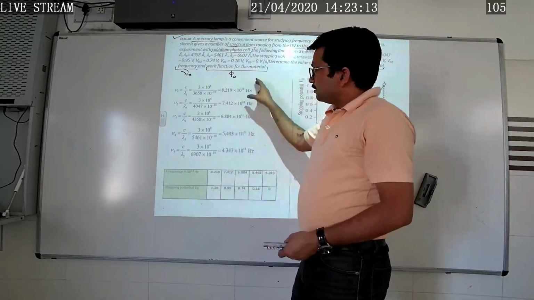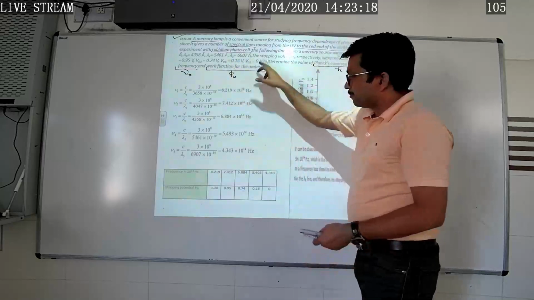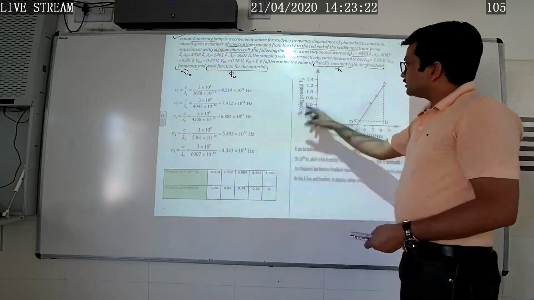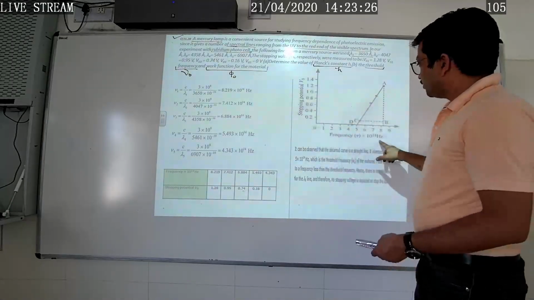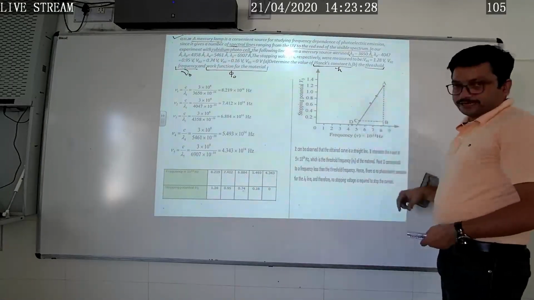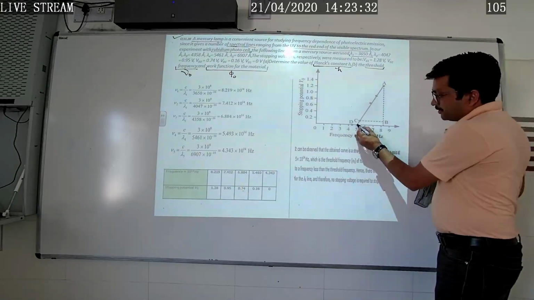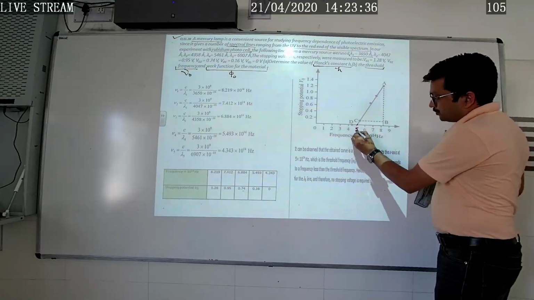Then, putting the frequencies and the stopping potentials in tabular form, we get the coordinates, and plotting the graph between stopping potential and frequency, we get a straight line. This straight line intersects the frequency axis at 5 into 10 to the power 14 hertz.